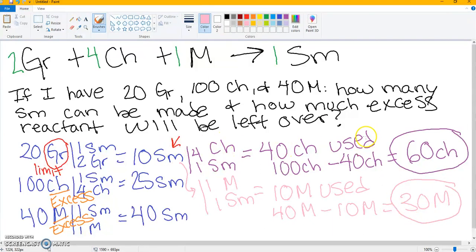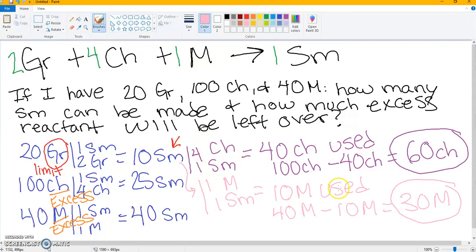So to answer this question, I can make 10 s'mores because I used up all my 20 graham crackers. I have 60 chocolate bars left over, and I have 30 marshmallows left over.